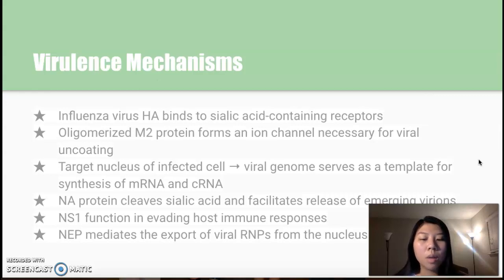Then the neuraminidase protein cleaves sialic acid and facilitates the release of emerging virions. The NS1 functions in evading host immune responses, and then the NEP mediates the export of the viral RNPs from the nucleus, and the viruses then spread throughout the whole body.